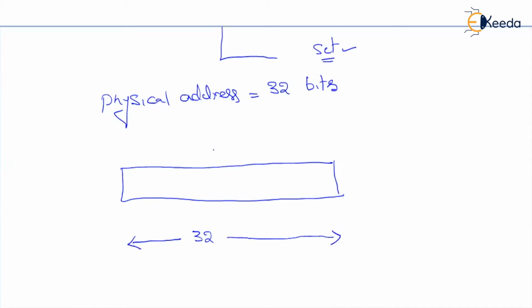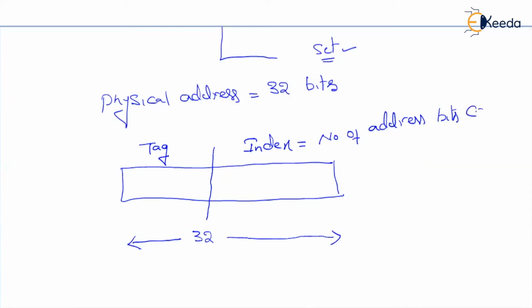The physical address should initially be divided into two parts: one is index and the other is tag. Index is equal to the number of address bits in cache.